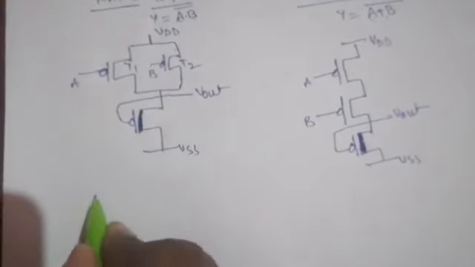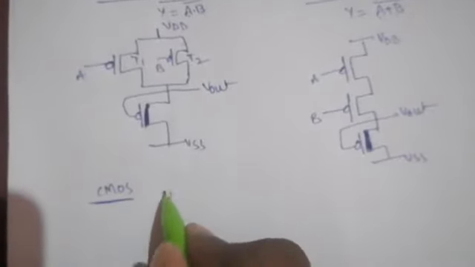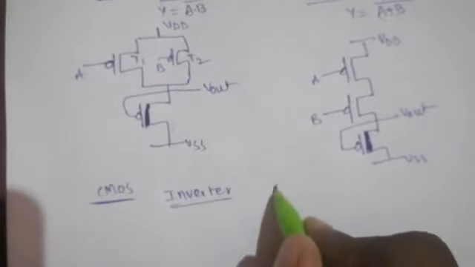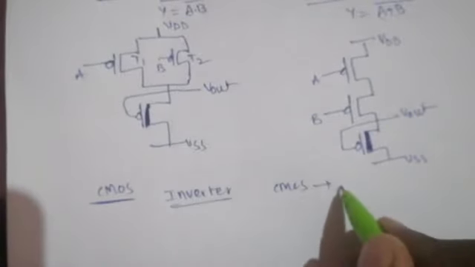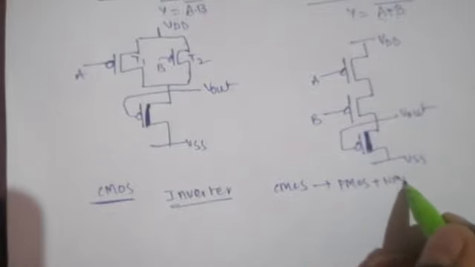Coming to the CMOS case, we have to design an inverter. CMOS is nothing but a combination of PMOS as well as NMOS. In both cases we remove the depletion modes and attach PMOS.